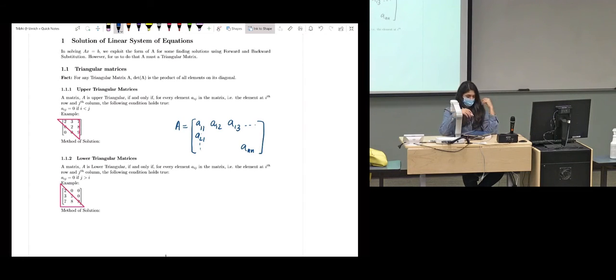When we say that a matrix is upper triangular, we say that it follows a condition or a rule, which is given by this little rule right here: Aij is 0 if i is less than j. What that means is i is all of your rows and j is all of your columns.